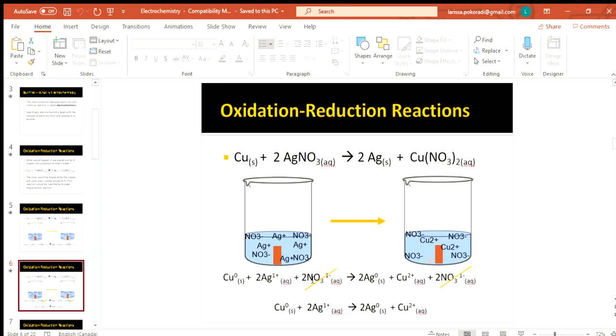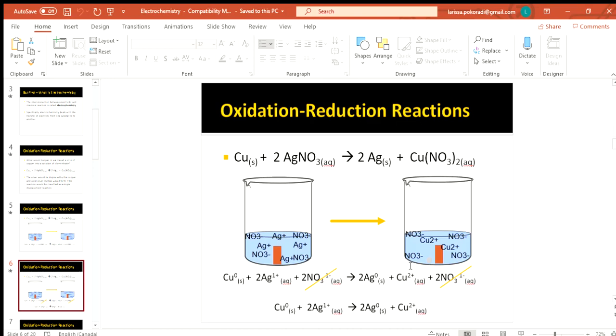So what we can do is we can actually take those out of our reaction. What we had here initially is called a total ionic equation or reaction, in which we took absolutely everything from our original reaction and wrote it out into its ions. When we strike out nitrate, because it's on either side, we call that a spectator ion.